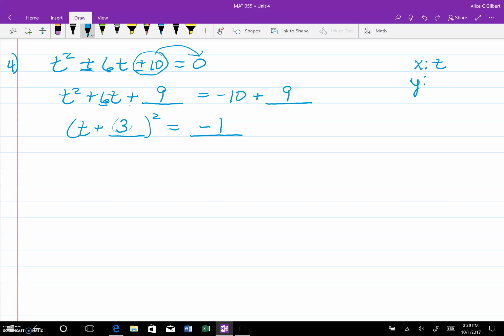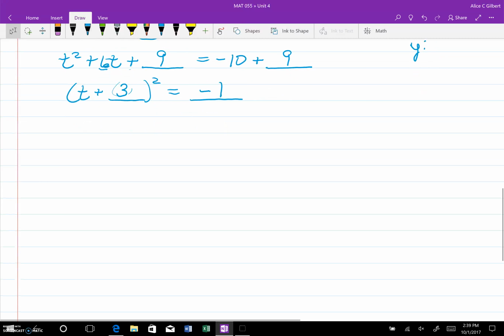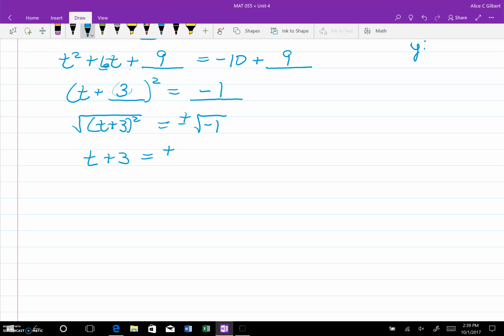-1. Okay. Now I'm ready to use the square root property method. t plus 3 squared equals plus or minus the square root of -1. That leaves me t plus 3 equals plus or minus. Stop this again. See if you can get the right answer.